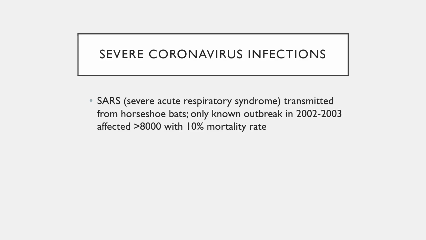So it was killing 1 in 10 people who were infected with it, and thankfully this SARS outbreak, unlike the COVID-19 outbreak, was contained and wiped out through very swift and aggressive quarantine measures. And there has never been another known outbreak of SARS since.